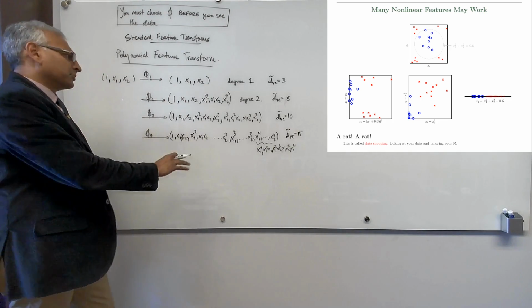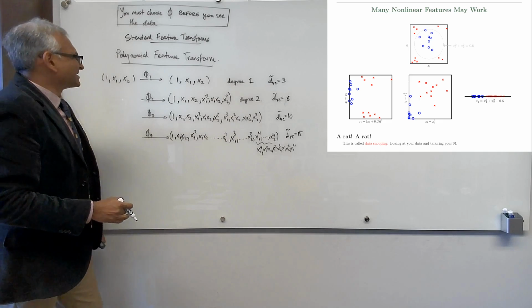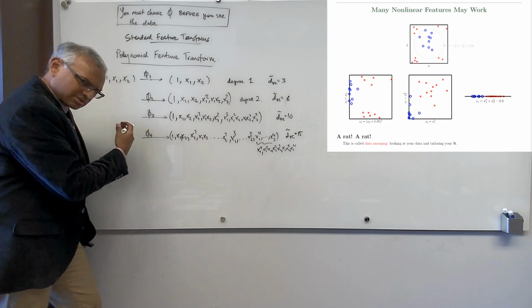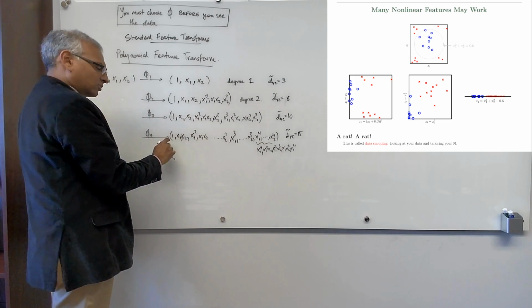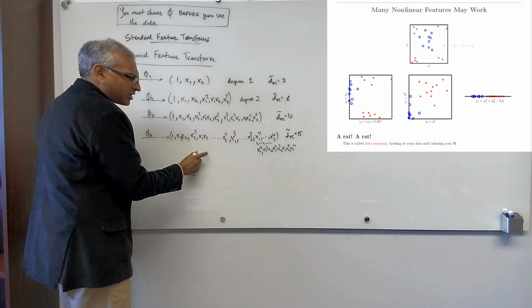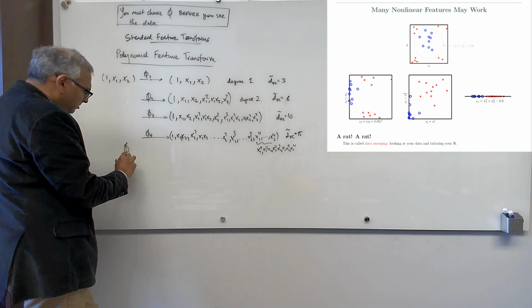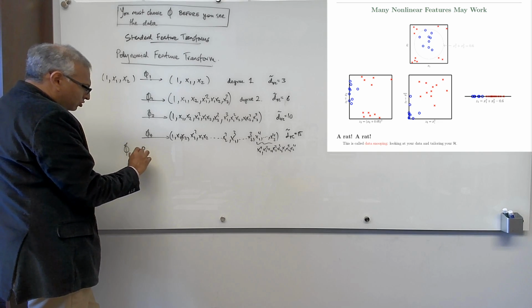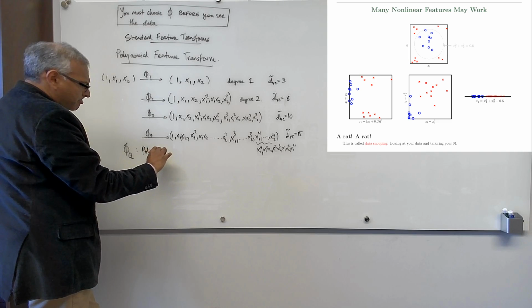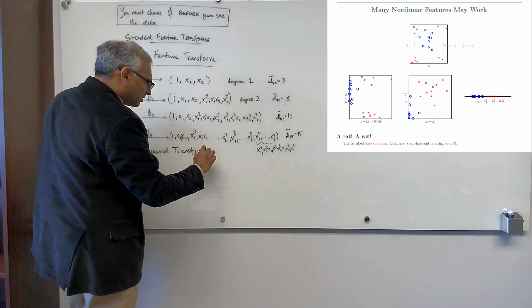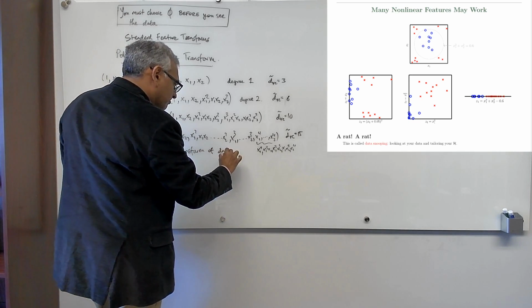And you can keep going. By the way, this polynomial transform exists for an original input dimension of d also. It's the same idea. You take the augmented 1, then you take the linear terms, then all quadratics, then all cubics, and so on. So we could define phi q as the polynomial transform of degree q.